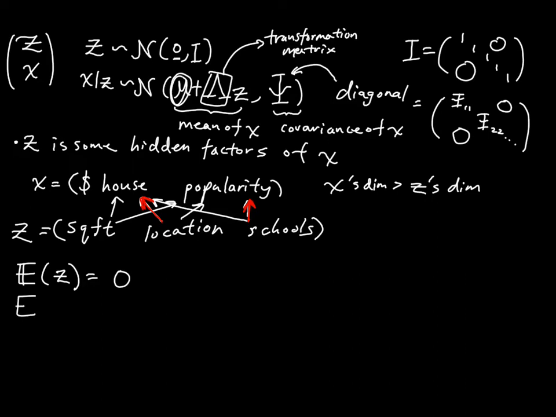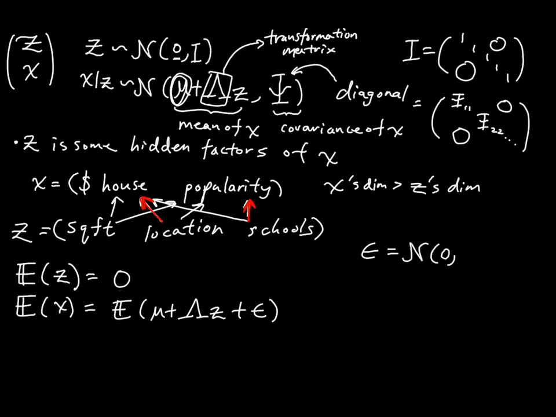Now, we have to take the expected value of x to convince us that it's actually mu, right? So this is the same as the expected value of mu plus lambda z, and we also have a little bit of noise, where the noise is equal to a normal of 0 and phi, right?